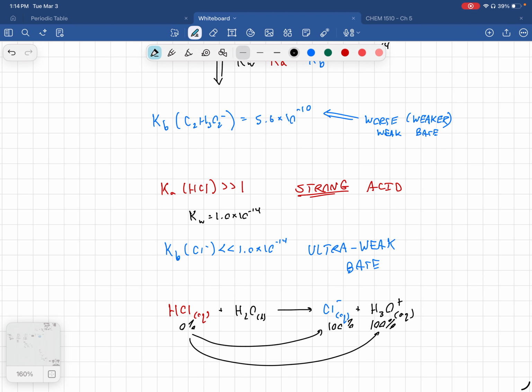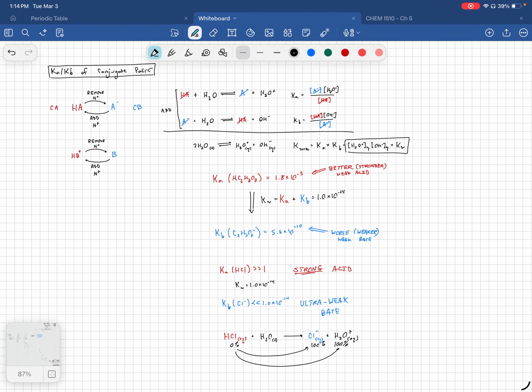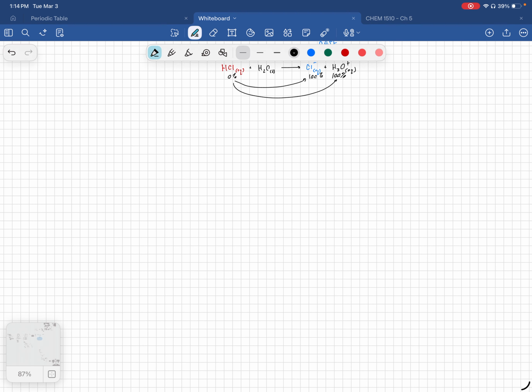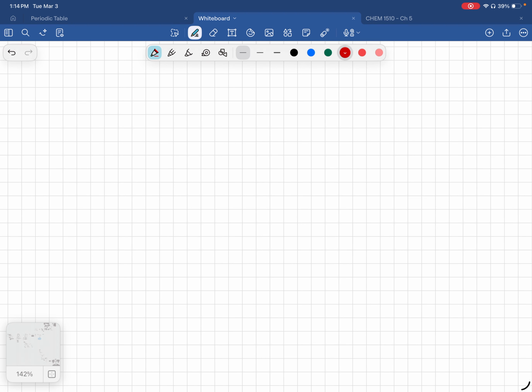So if it's effectively 100% ionization in the forward direction, then in the reverse direction it is effectively 0. So this is the relationship between conjugate acids and bases. Now we can use this information in scenarios, because remember, Ka is measured with respect to water, and Kb is measured with respect to water.